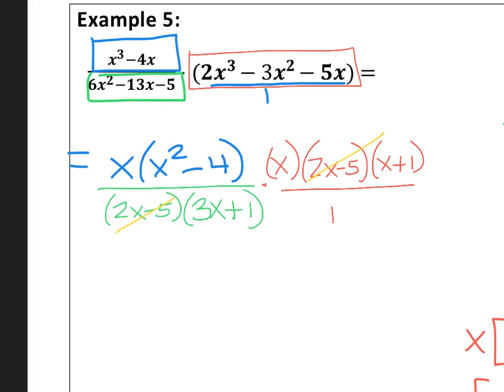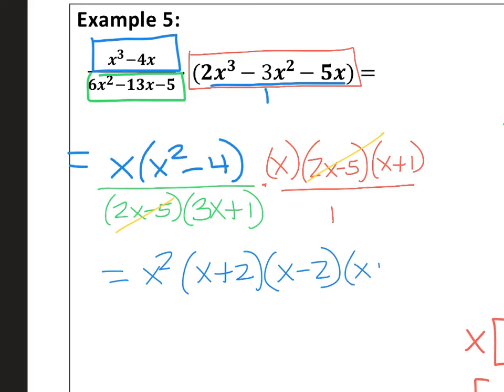So I might as well button that back together. I have x squared out front. And this x squared minus 4 should have been factored out, and I would have factored it out definitely if I saw anything that could have been reduced in the denominator. But I'm going to go ahead and factor it now. This is x plus 2, x minus 2 in the numerator, and x plus 1. And in the denominator, I have 3x plus 1 left.